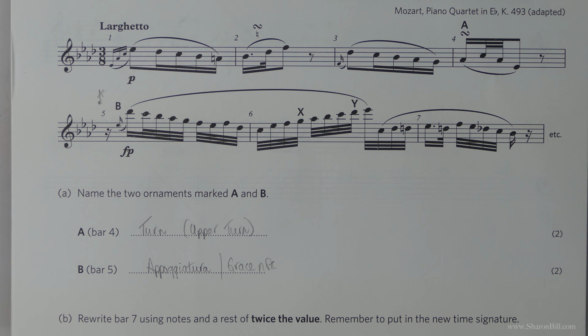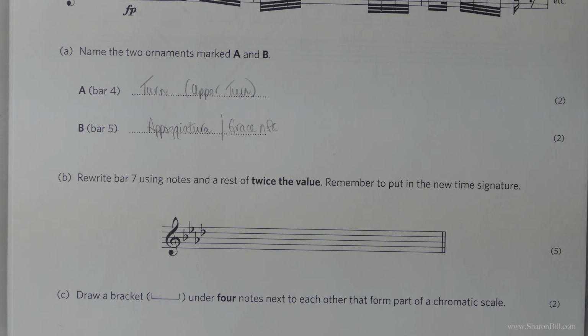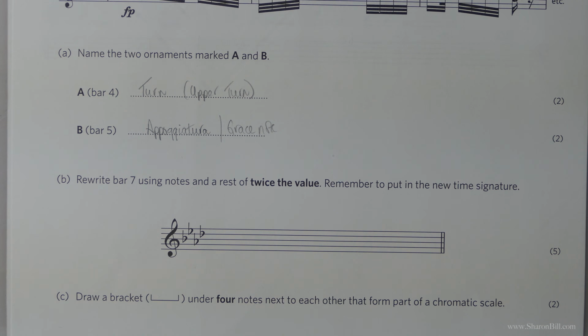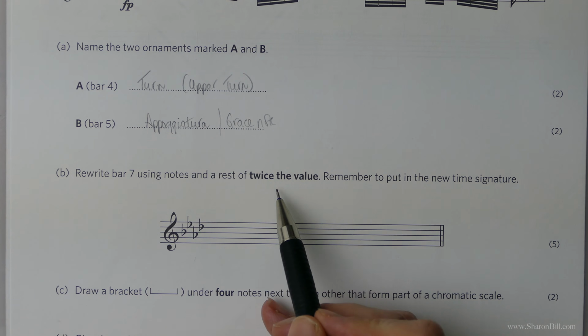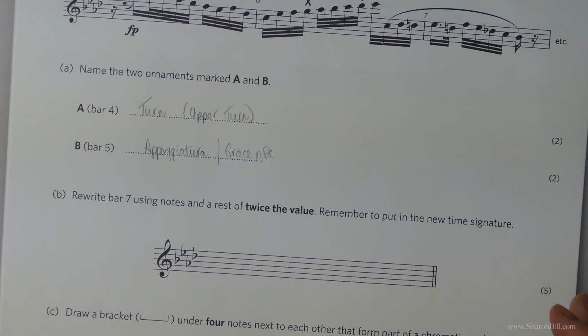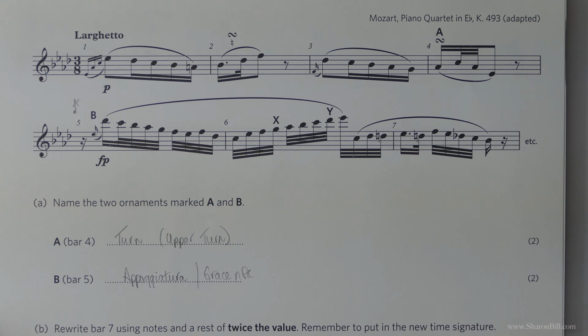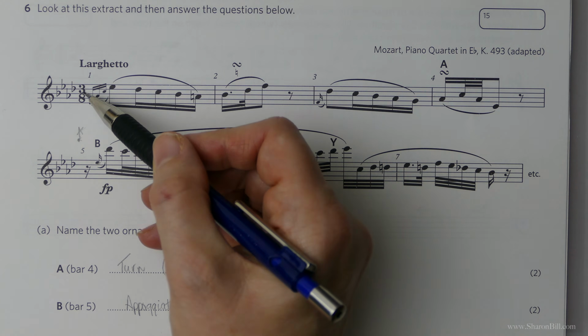There we go. So now a little bit of a timing question. We need to rewrite bar 7 using notes and rests of twice the value, so we're going to need to change the time signature. So let's see what we've got to begin with. We don't change the musical effect. At the moment we're in triple time, 3 beats per bar.